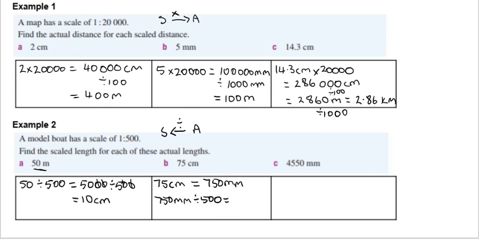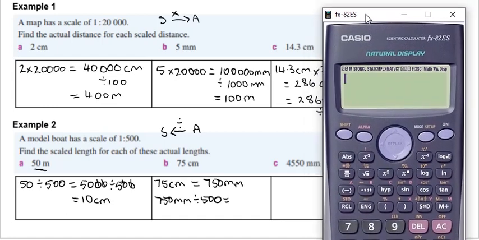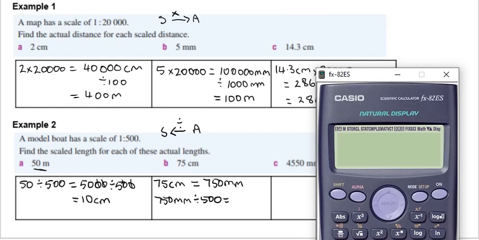And if you're not sure what that is, let's get our calculator. Bring our calculator in, and we're going to type in 750 divided by 500, which will give us 1.5 millimetres.